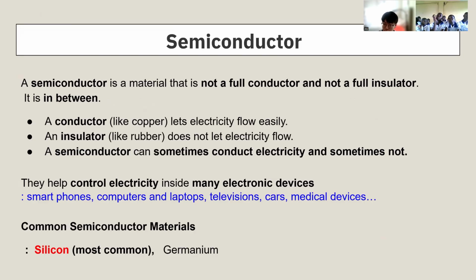Sometimes it lets electricity flow, sometimes it doesn't. Basically, they help control electricity inside many electronic devices. A common material is silicon. Silicon is a very common semiconductor. And also things like germanium. Silicon is the most common.